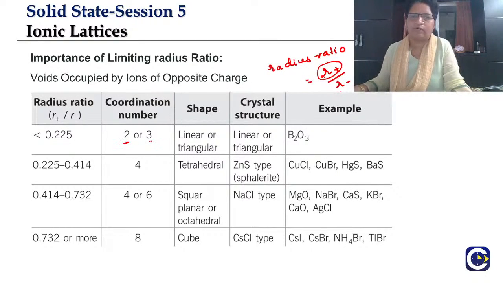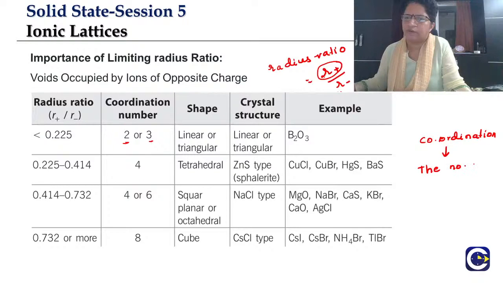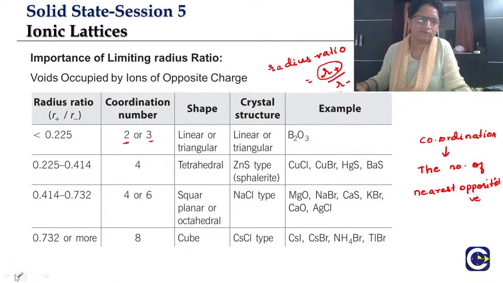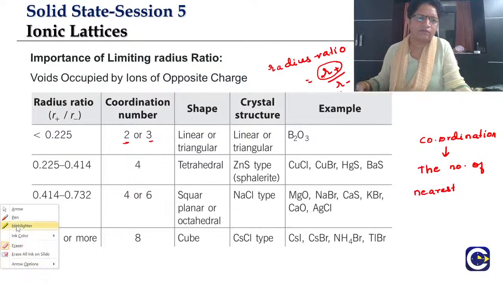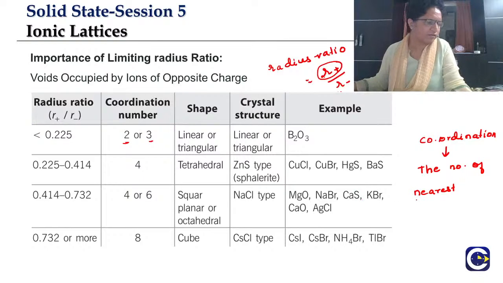And how do we go with the coordination number? What is coordination number? We discussed about it. Because we are talking about ionic compounds, it is the number of nearest oppositely charged ions.